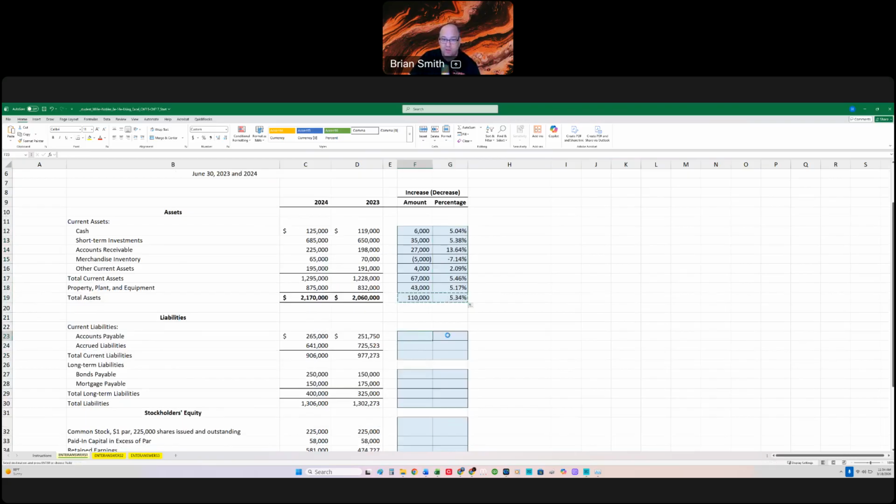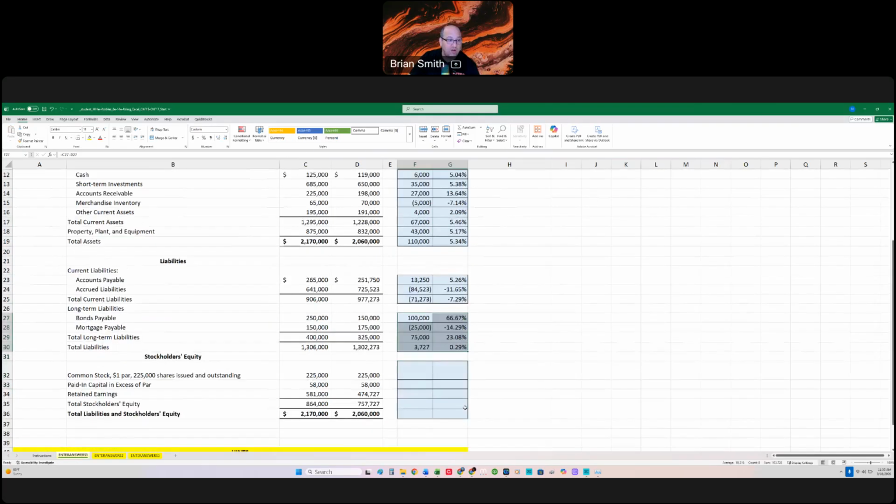I copied it and I'm pasting it here so that it'll translate down there, dragging it down again. I'm going to copy line 25, pasting it on line 27, drag it down to line 30. I'm just doing that all the way through those blue sections all the way down. Looks like we didn't do any changes in common stock, so we're good.